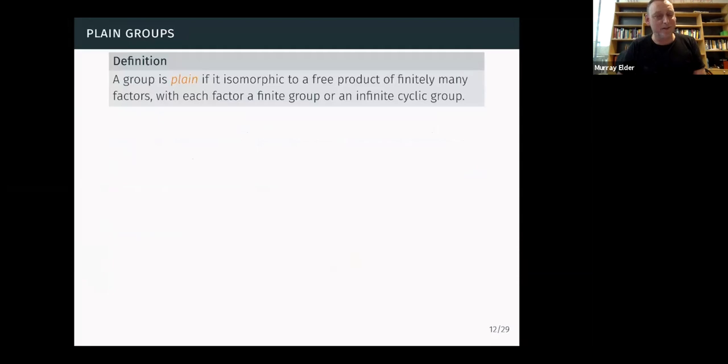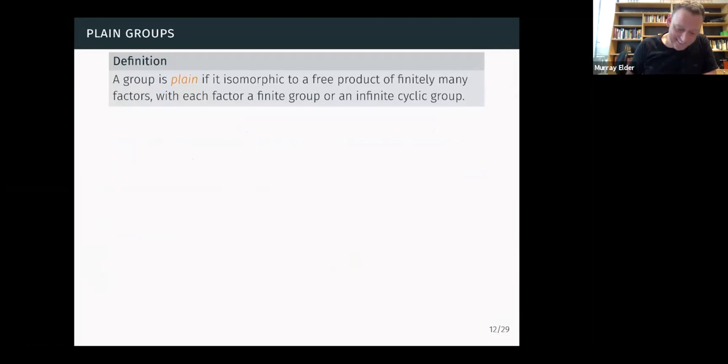Okay, so this is normally a group theory seminar, so I think 20 minutes of graph theory at the beginning is maybe pretty tough. So let's go to group theory. And this is possibly a terrible name for a class of groups because no one's going to be interested in a plane group. So there's another name for them, the basic groups, which doesn't really help us at all.